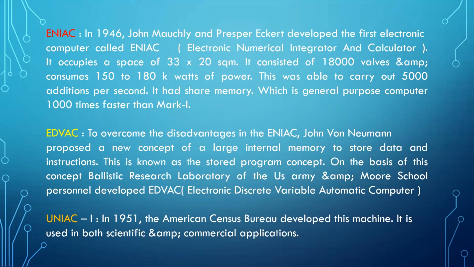It consists of 18,000 vacuum tubes and consumes 150 to 180 kilowatts of power. It means 150 to 180,000 watts of power. You can easily supply power to a city with that. That's why when you started this computer, the city lights became dim.